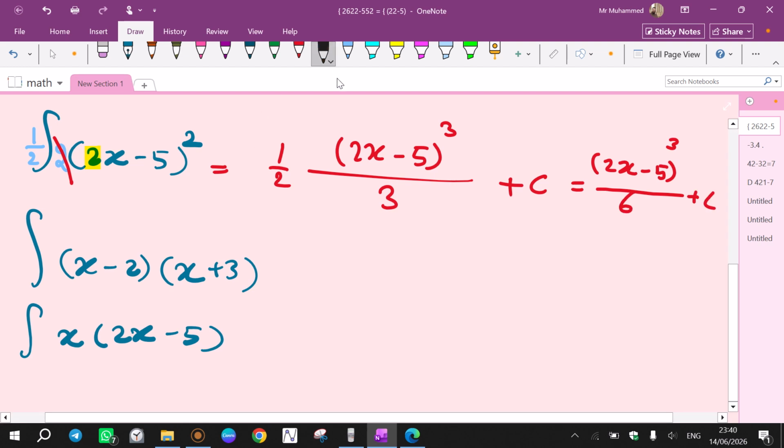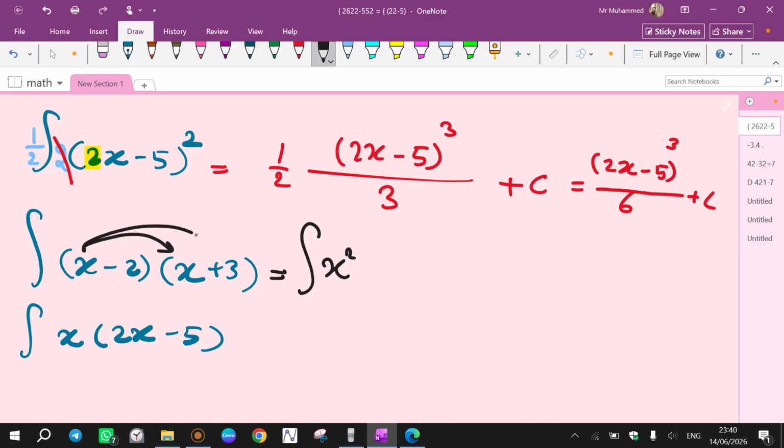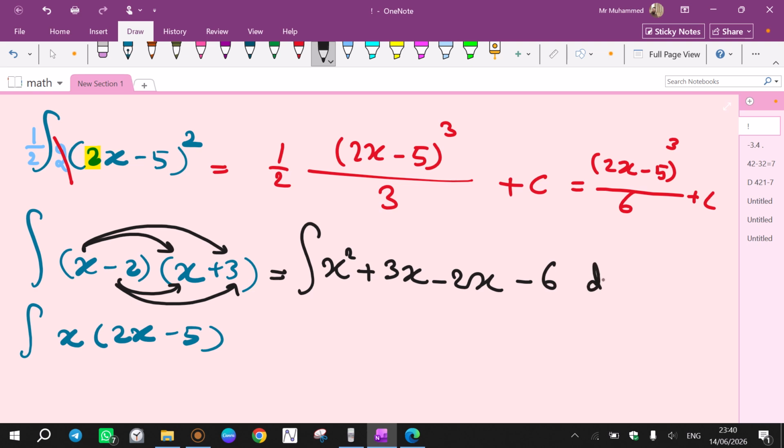Look at the second one. Since I don't have derivative of inside outside and I have 2 brackets, I just have to expand, then do the integral of each term separately. x times x, x squared, x times 3 plus 3x, negative 2 times x minus 2x, negative 2 times 3 minus 6 dx.